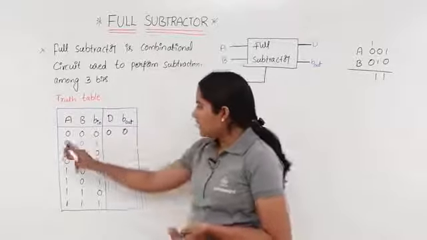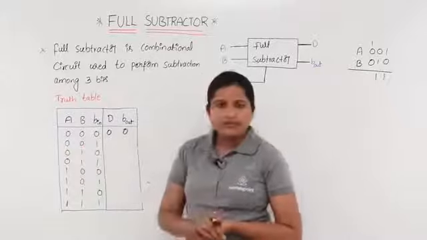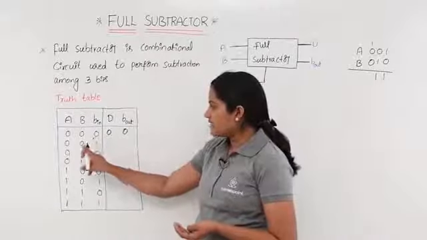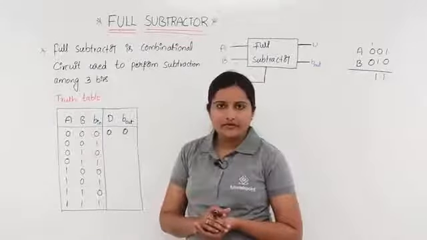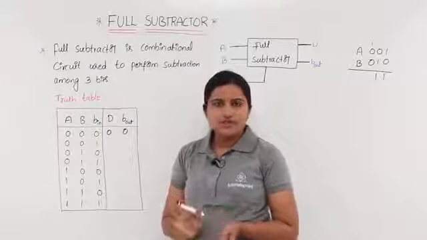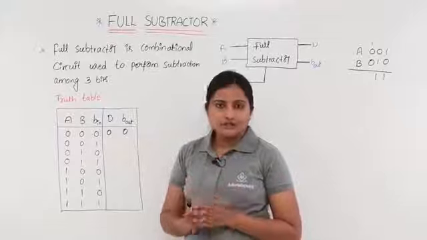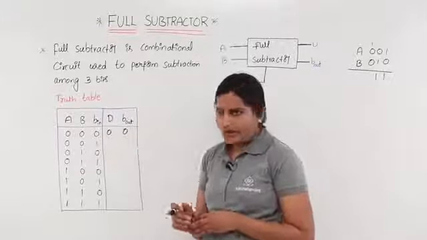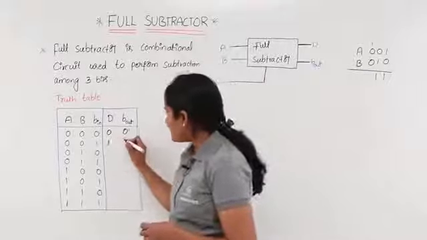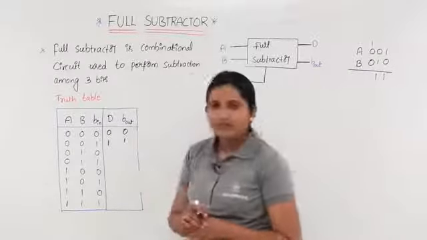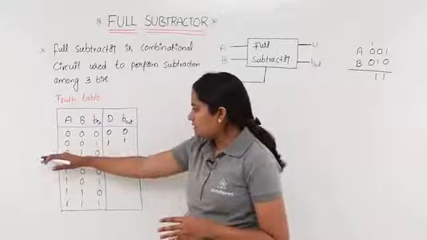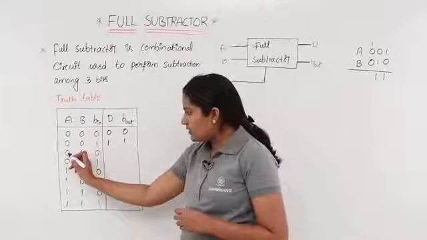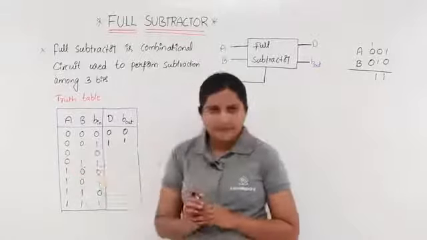In the same way, 0 minus 0, the difference up to there is 0. After that, the difference is again subtracted with 1, that means 0 minus 1. When you have 0 minus 1, your difference is 1 and your borrow is 1. Now here we have 0, 1, 0. First you need to consider 0 minus 1.